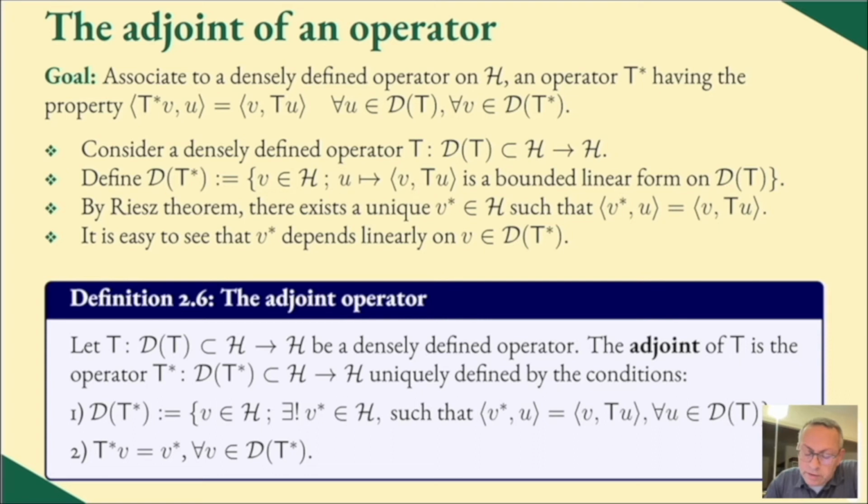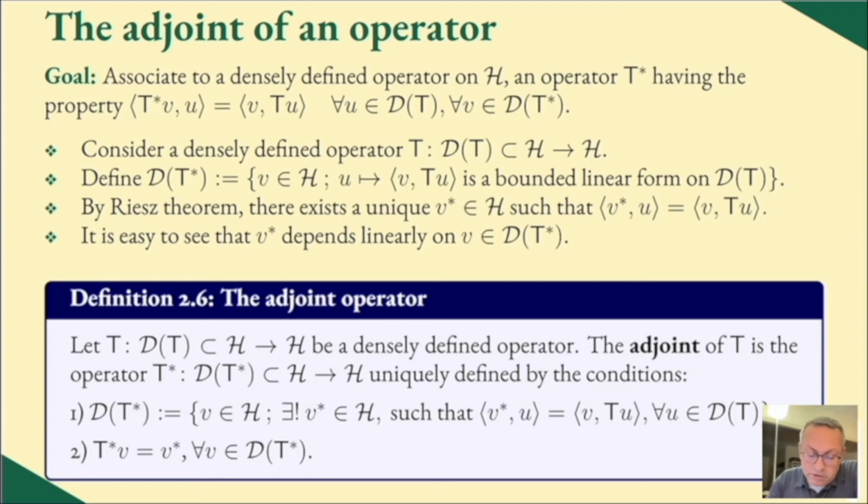We require that this linear form is a bounded linear form on D(T). So we look for all the v such that this linear form is bounded. Well, clearly this set cannot be empty because v equals 0 gives us the zero form, and the zero form is obviously bounded.